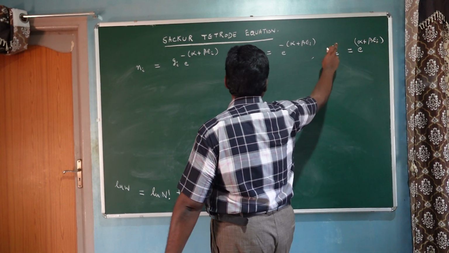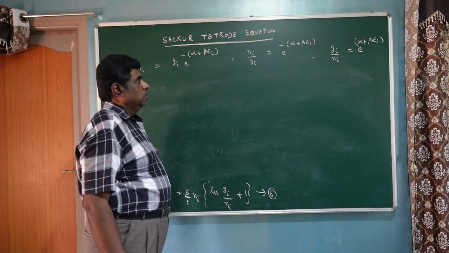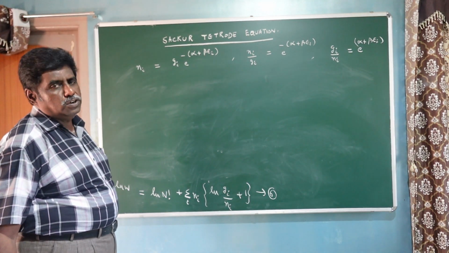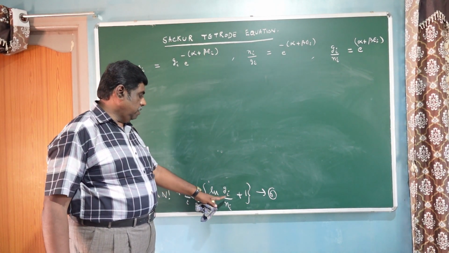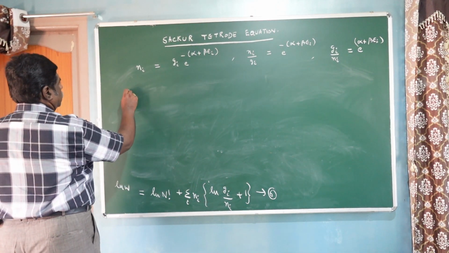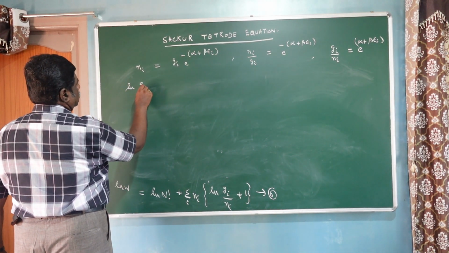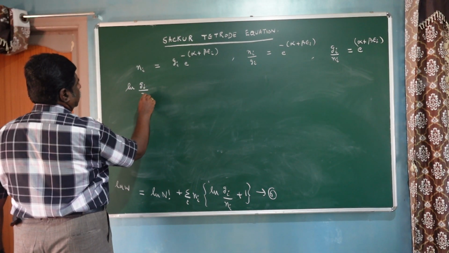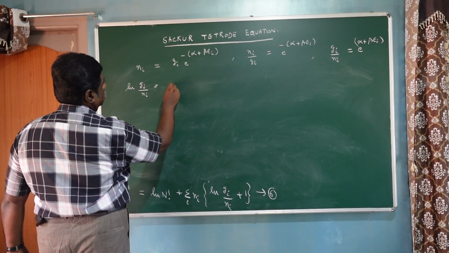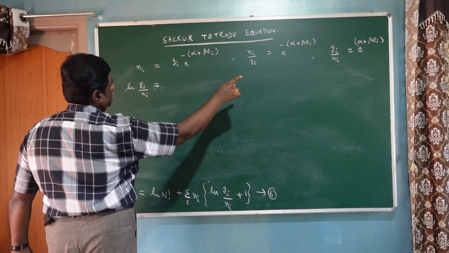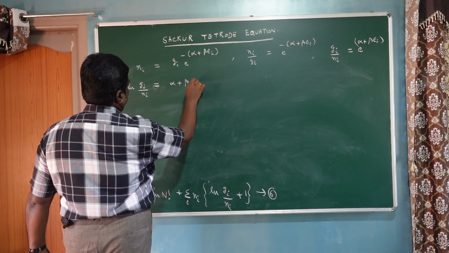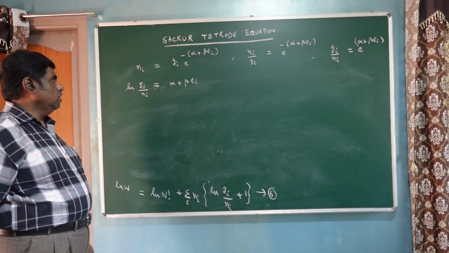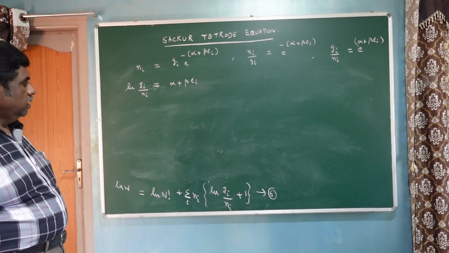This negative sign is changed into positive if you change Ni by Gi into Gi by Ni. But we need the value of ln Gi by Ni. Then ln Gi by Ni equal to, if you take ln, the e goes out, alpha plus beta Ei. This is the value of ln Gi by Ni.